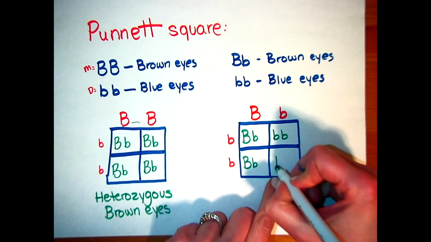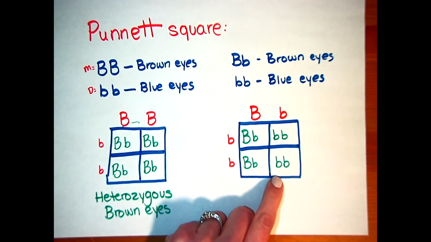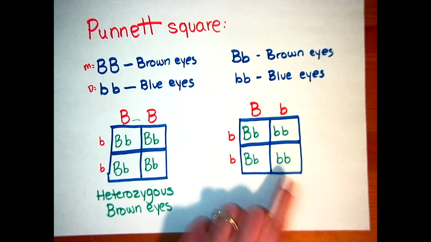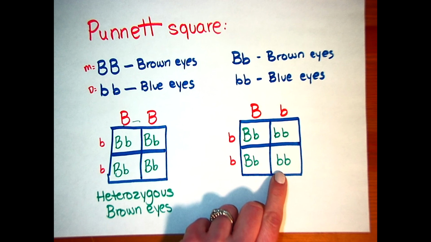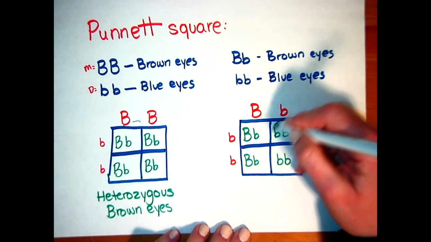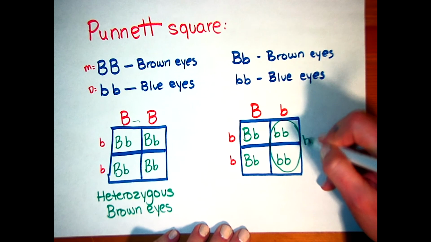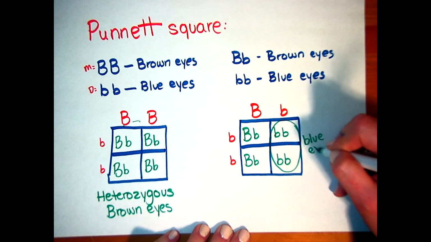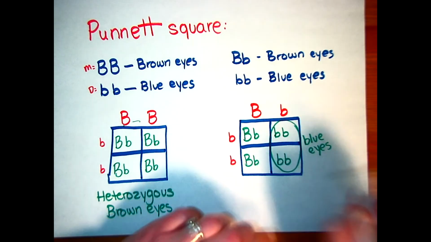Aha! So notice that now our potential baby, we don't know which of these babies they'll have, but this tells us possibilities. And is there a possibility of having a baby with blue eyes? Yes. These two babies would have blue eyes because they have two copies of the recessive trait. They don't have that dominant trait to overpower it.